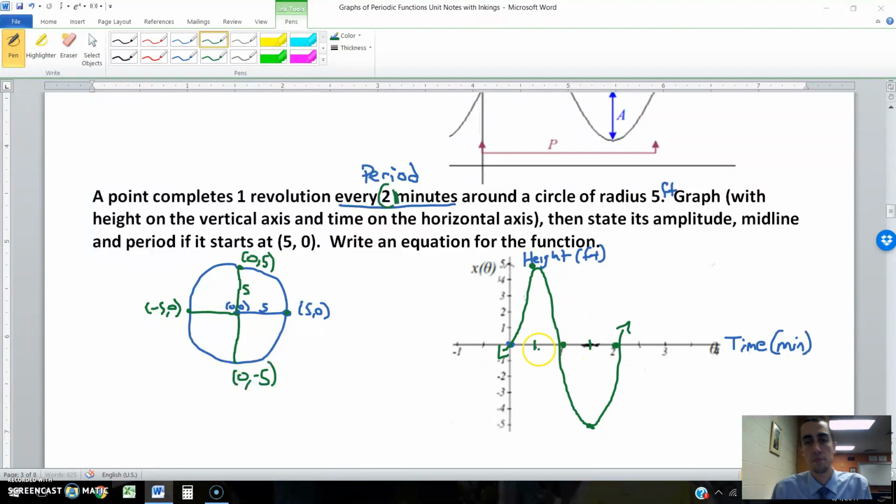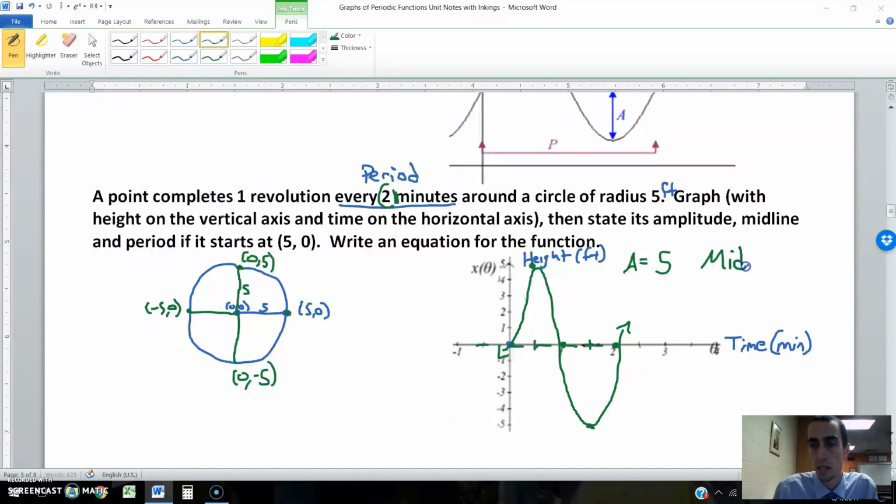That's close enough. All right, so next we state its amplitude. All right, amplitude, the distance from the midline up to the top and down to the bottom. So here's the midline going through the center. It basically divides our graph in half. Distance up to the top is 5, down to the bottom is 5. So that's our amplitude.